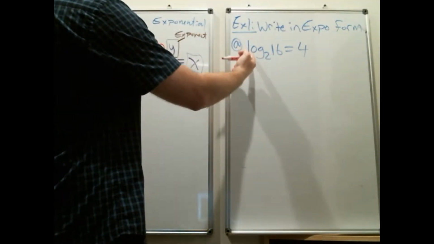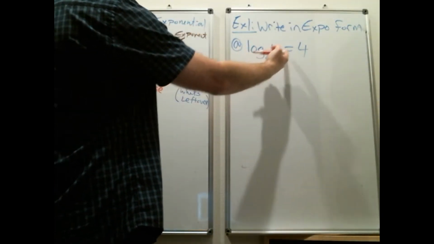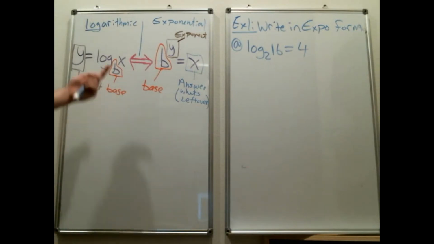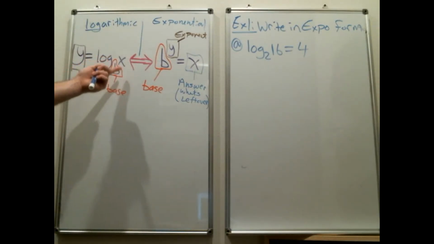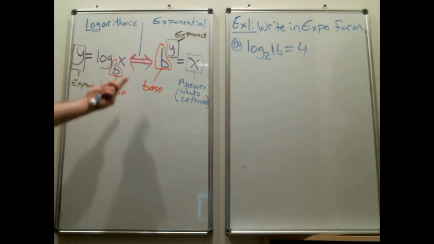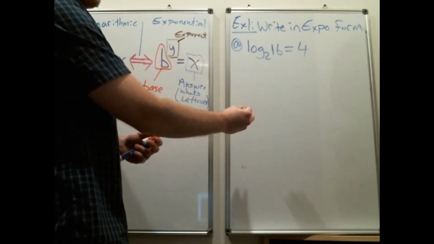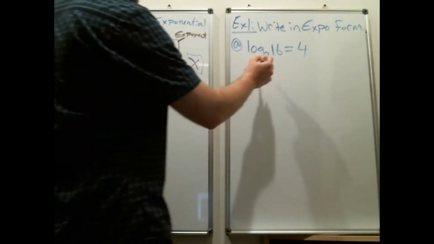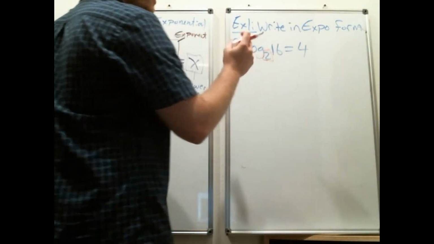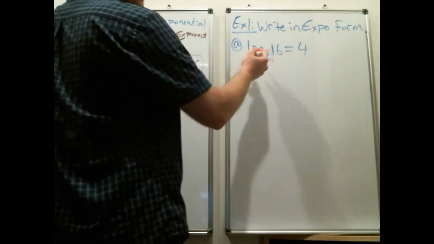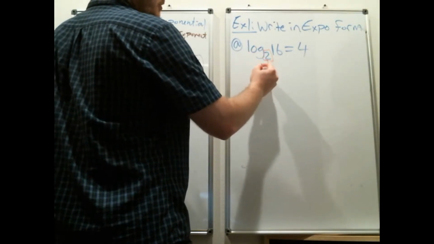You read this as log base 2 of 16 is equal to 4. Just like over here, this is log base b of x. So the base is always this little number or the little subscript on the log. So whatever that little subscript on the log is, that's always your base.